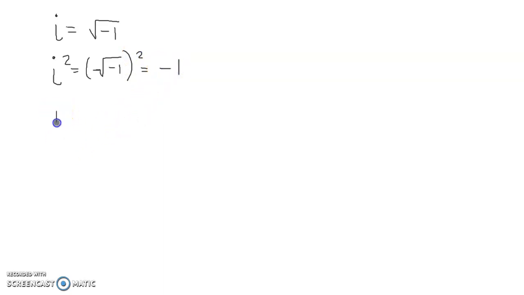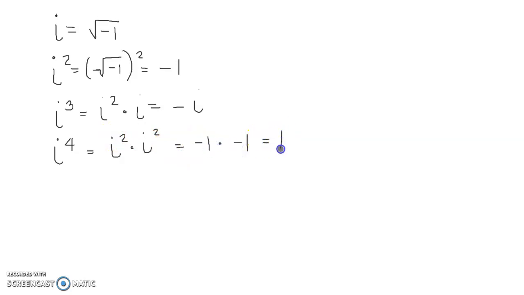Again, if we cube the imaginary number, we get i squared times i, and i squared is equivalent to -1 times i, so that's -i. Then i to the fourth is equivalent to i squared times i squared, and that's -1 times -1, which is equivalent to 1.